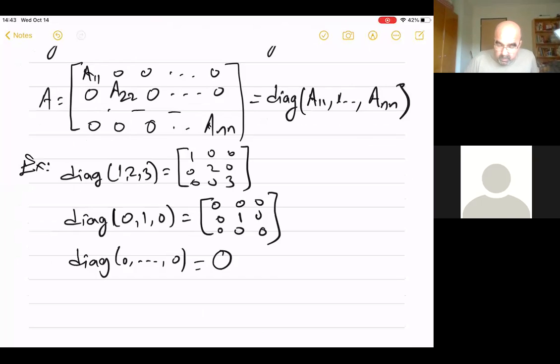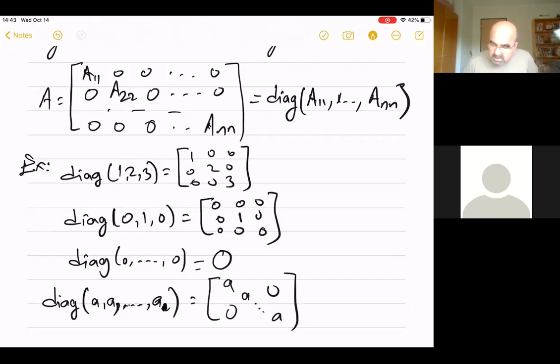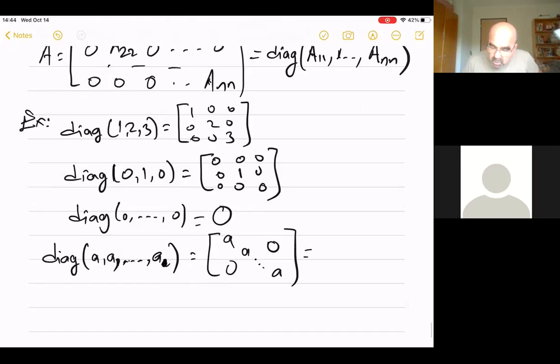And if you look at this diagonal matrix consisting of all the same numbers, let's say a, n of them, these are a's, and the rest is 0, like this. You can take a outside.